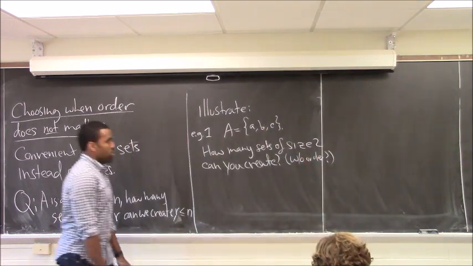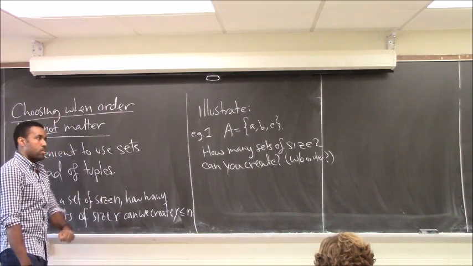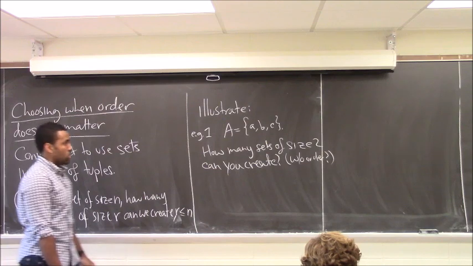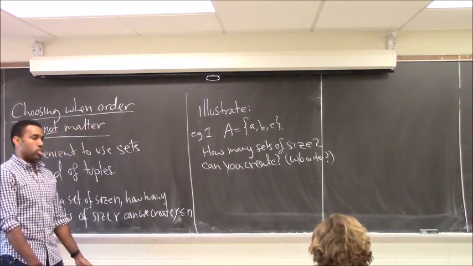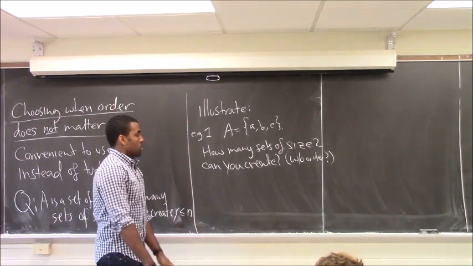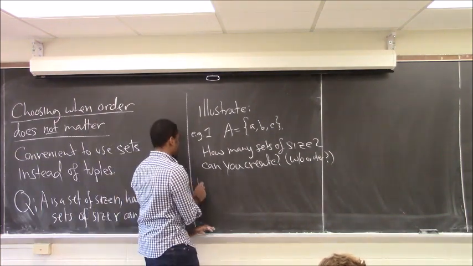Right? I have 3 things. I want to pick 2 things and create another set. I want to create a subset of A in technical language, but the subset must be of size 2. How many such subsets are there? Well, we can actually list them, enumerate.